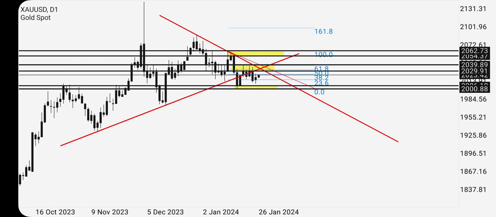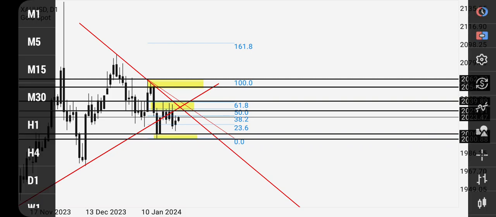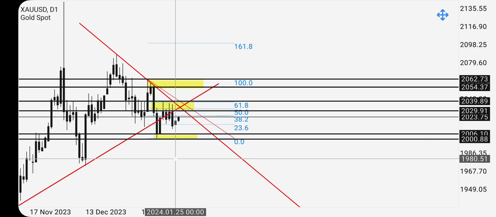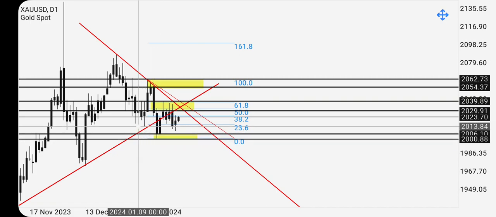But we follow the tools. So now Fibonacci is telling you that between 50 and 61.8, that's where you get your zone, your entry and your exit level. And I also like to use Fibonacci as a take profit. That means if you enter at this level, you know the first take profit will be on 23.6, the second one will be on 38.2, the last one will be here.